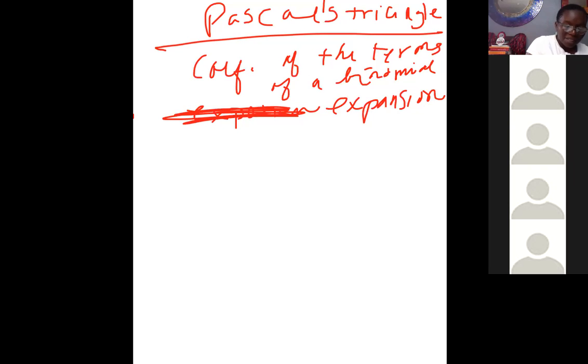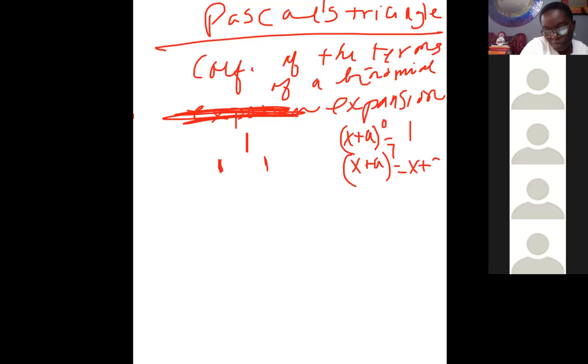At the top of Pascal's triangle, we have 1. This 1 represents the coefficient of a binomial to the 0 power, because anything raised to the 0 power is equal to 1. On the second level of Pascal's triangle, we have 1, 1. This represents x plus a to the first power, as in the coefficient of each term is 1. Now, this is where things start to change.